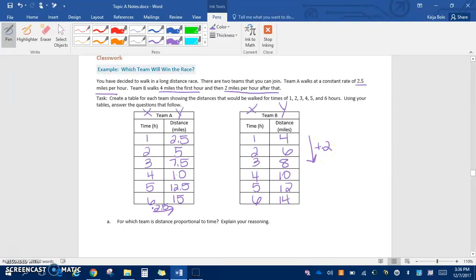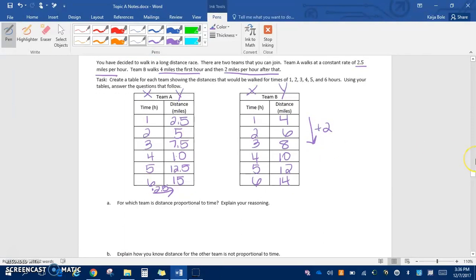So now the question says, for which team is distance proportional to time? So we could probably see as we're filling it in that it is Team A. And that's because we are multiplying by a constant the entire table.